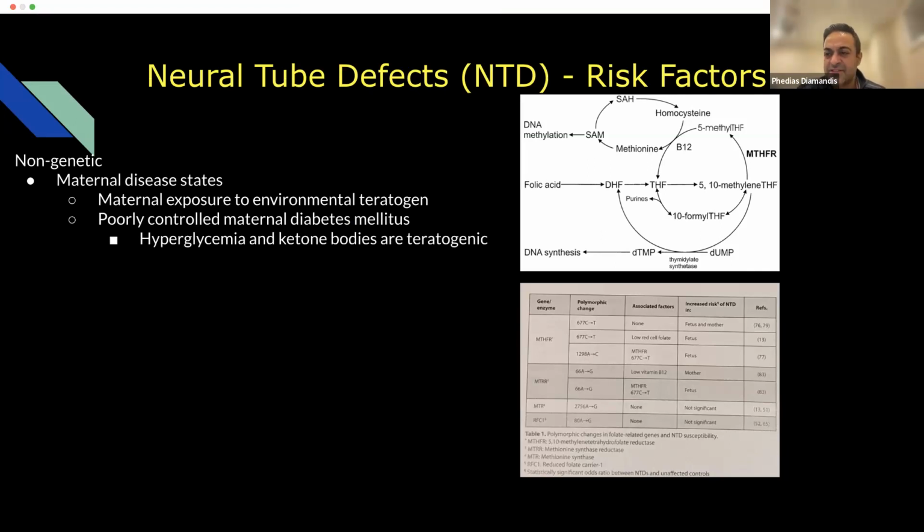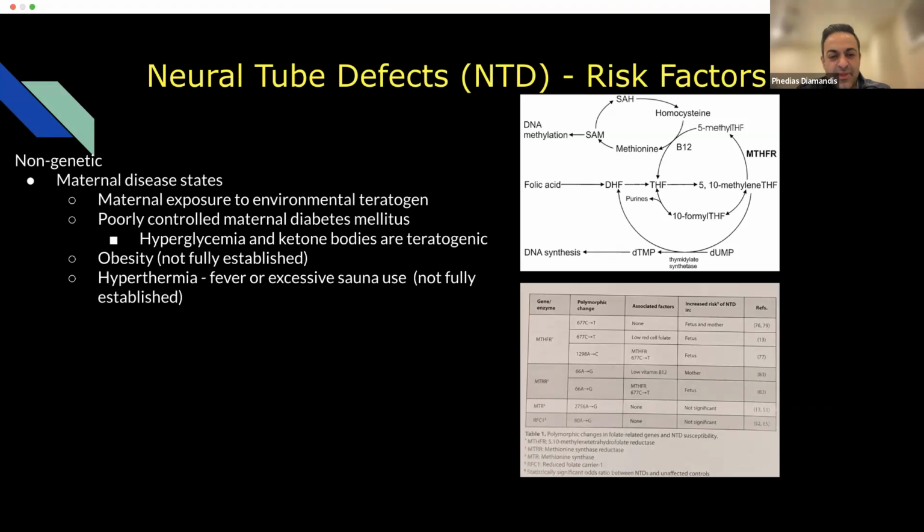Hypoglycemia and ketone bodies are in and of themselves teratogenic. So having high, uncontrolled diabetes does increase the risk of neural tube defects. Obesity has been linked to it, although this has not been fully established in some of the books I've read. Hypothermia, this is a good exam question. Fevers, excessive sauna use.